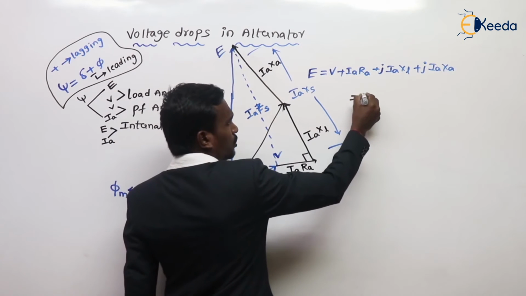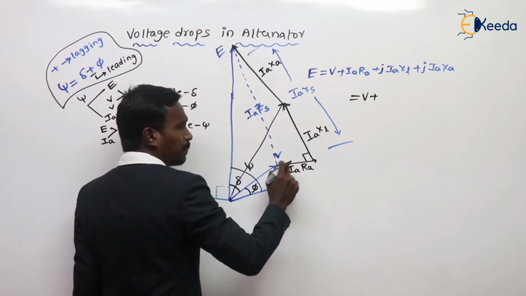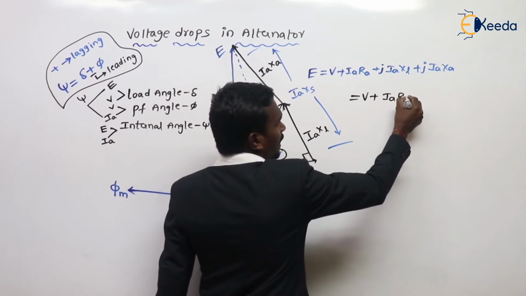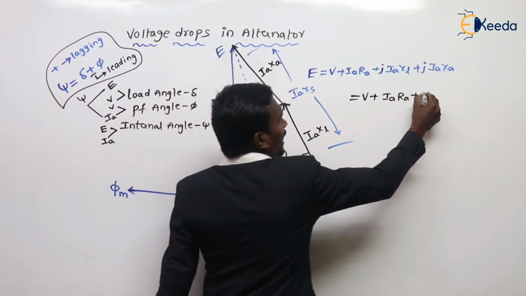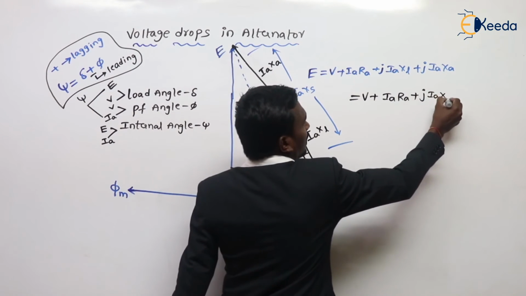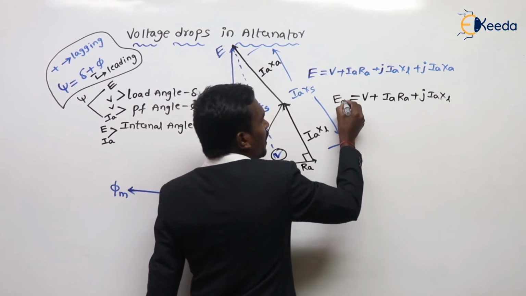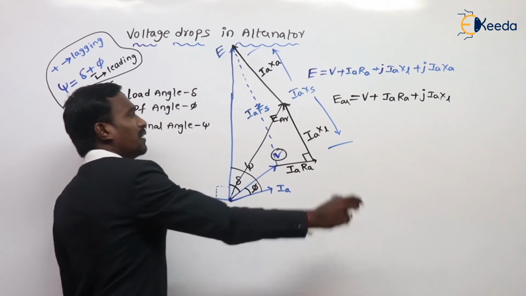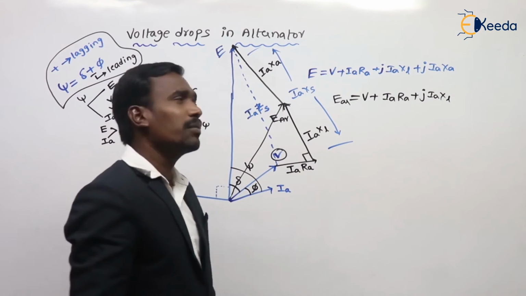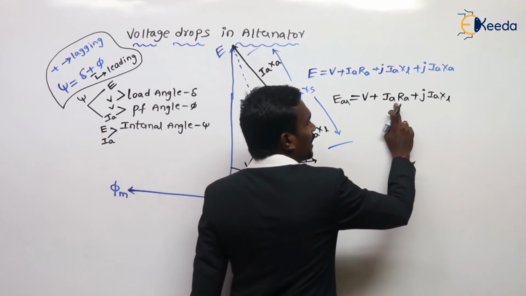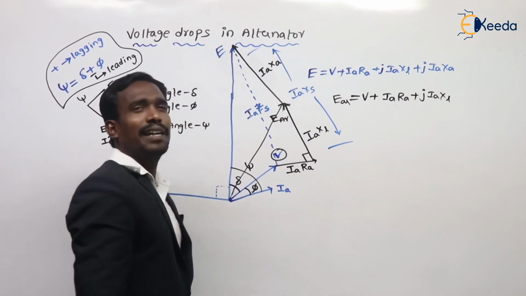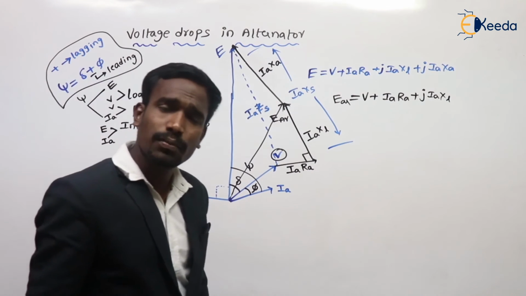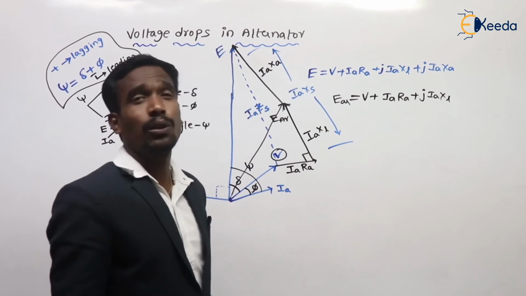This line is equal to V plus IaRa plus jIaXL. This is called the air gap EMF, Ear. Air gap EMF is nothing but V plus IaRa plus jIaXL. This is the vector diagram for our synchronous machine for lagging load.